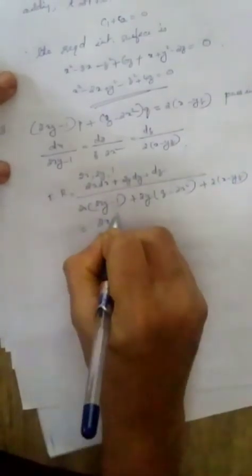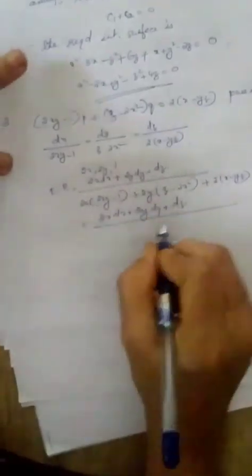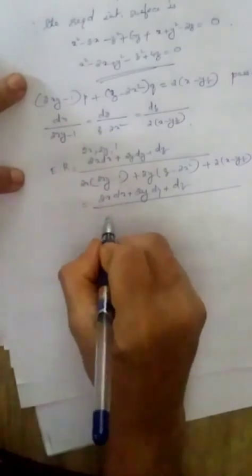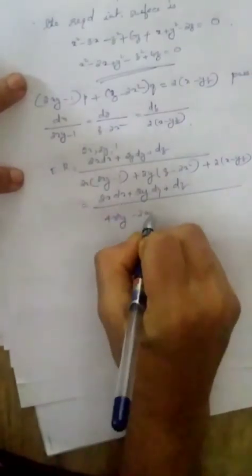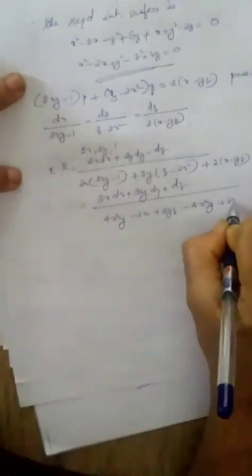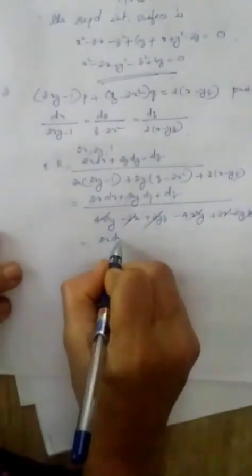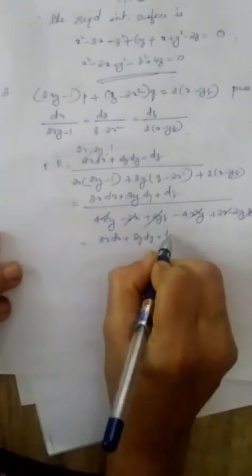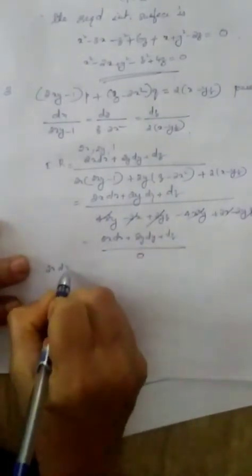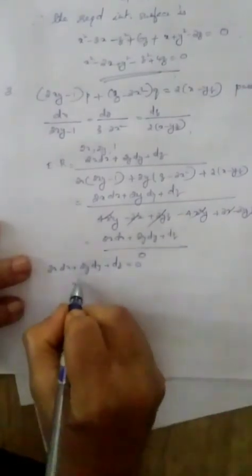Opening the brackets in the denominator, we have 4x square y minus 2x plus 2yz minus 4x square y plus 2x minus 2yz. So all cancelled. So 2x dx plus 2y dy plus dz by 0 means 2x dx plus 2y dy plus dz equal to 0. Then integrating, we get x square plus y square plus z equal to c1.